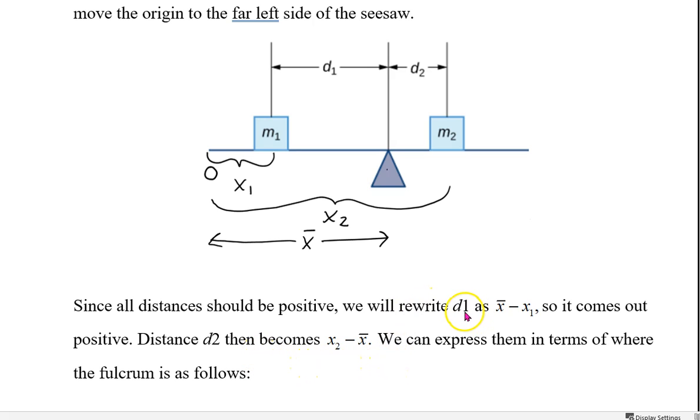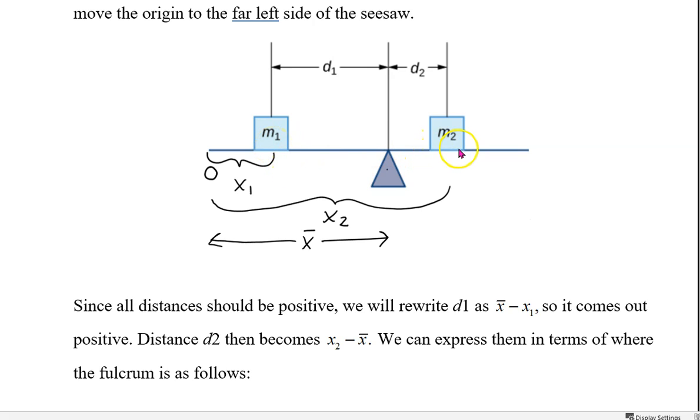We'll rewrite d1, the distance from kid 1 to the balance point, the fulcrum, as x bar minus x1. That's this distance minus this distance, which gives us this distance.